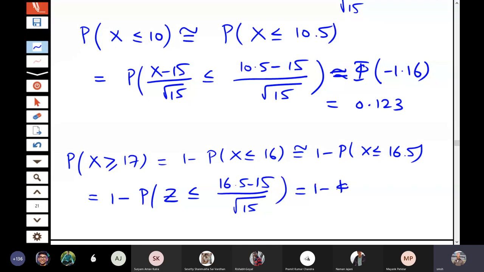That is 1 minus phi of 0.39. You can check the value from the tables of the normal distribution, and this is 0.3483. If you do the direct calculation of this one, you will see that the error is only 0.002. So this is a very good approximation here also.